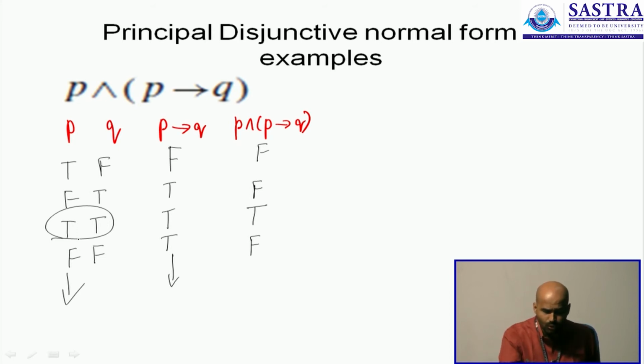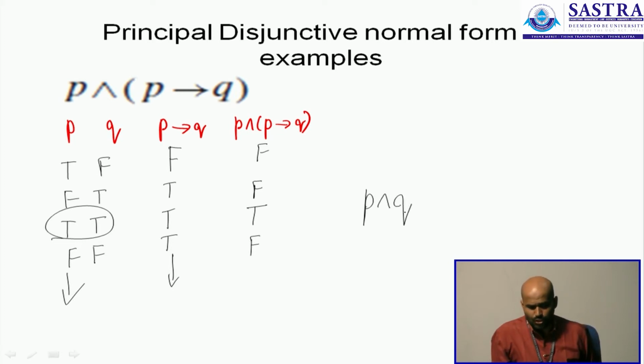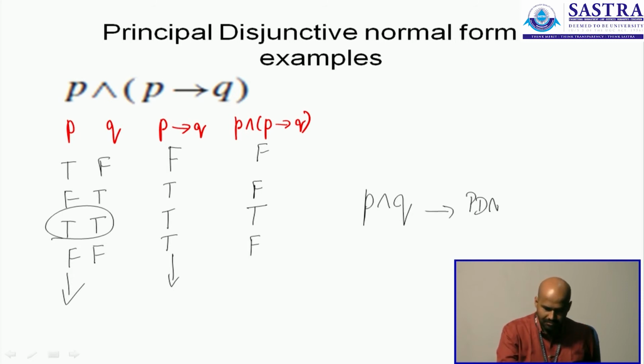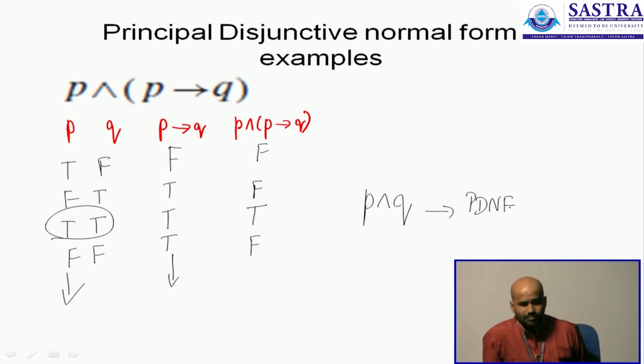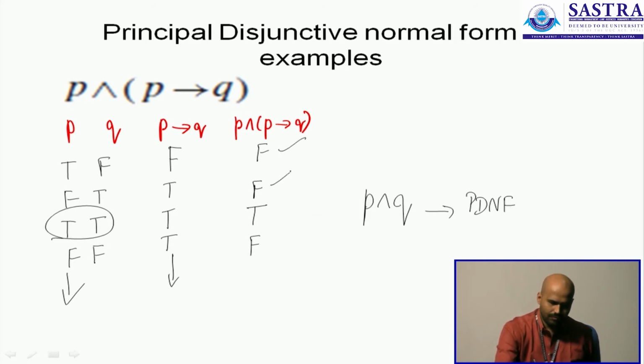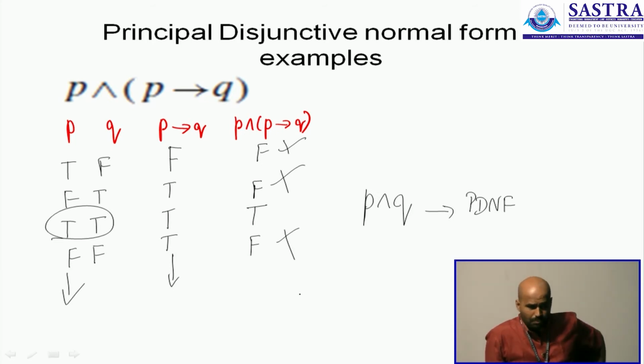Now, since both are true values, the product that you're thinking of is just P conjunction Q. There's nothing else to pair it up with, so this is all its PDNF. PDNF is just P and Q together in a conjunction. All the others are false, so you don't consider their input sequences to construct the PDNF.